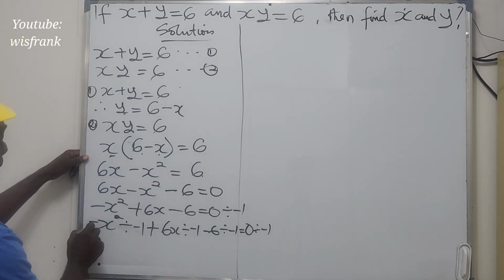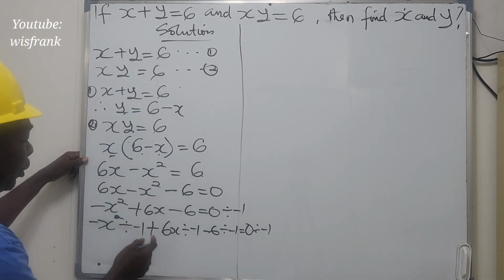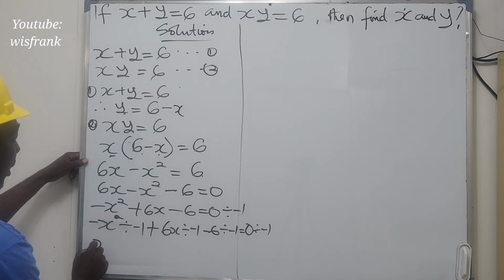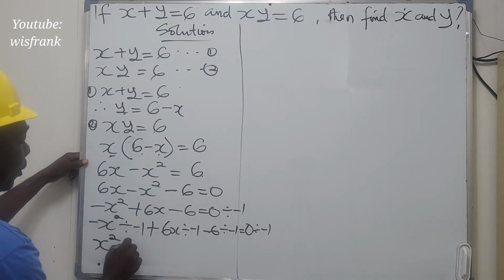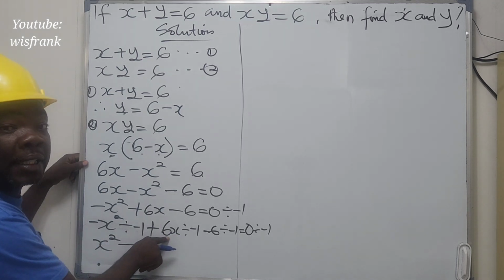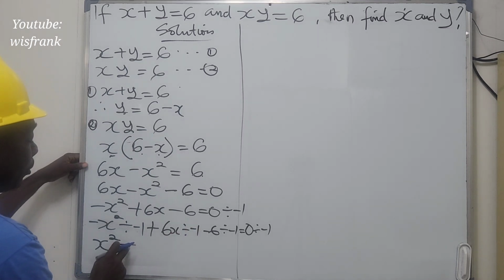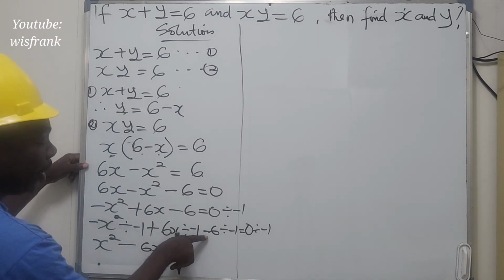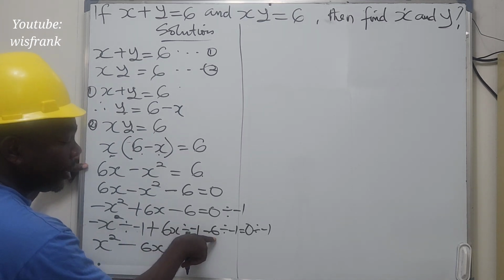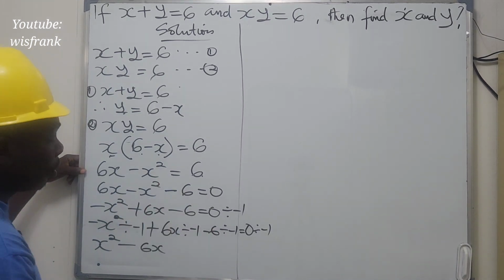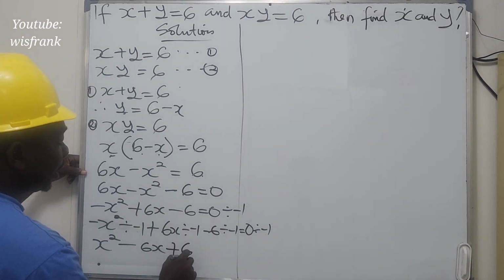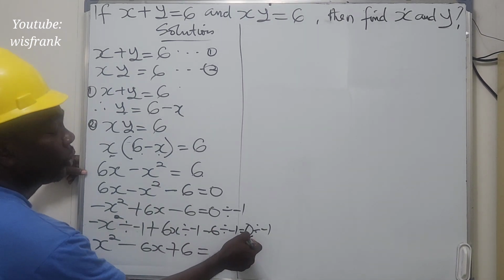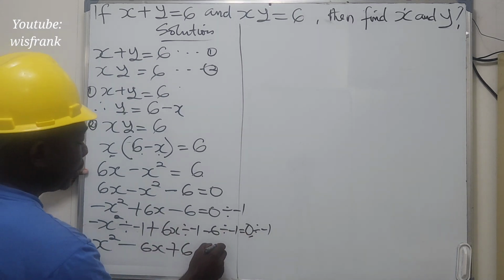So minus x to the power of 2 divided by minus 1 will give us x to the power of 2. Then 6x divided by minus 1 becomes minus 6x. Then minus 6 divided by minus 1 will give us plus 6. Then 0 divided by minus 1 will give us 0.